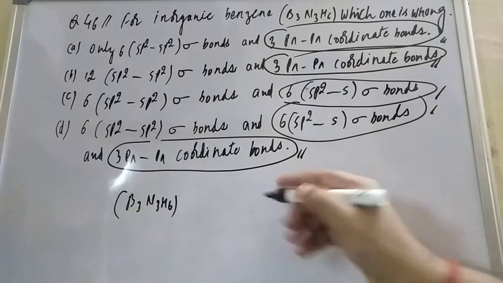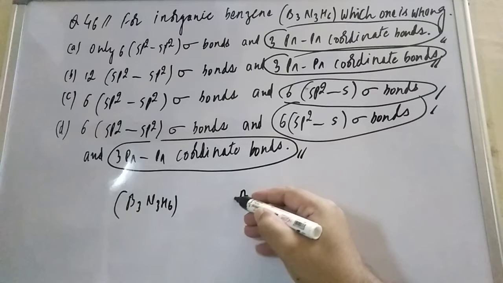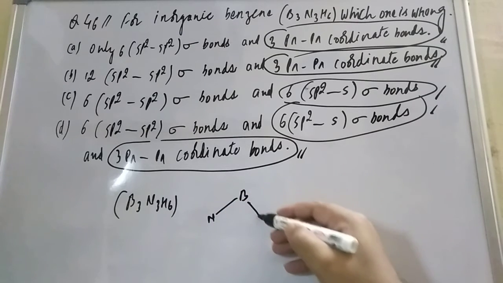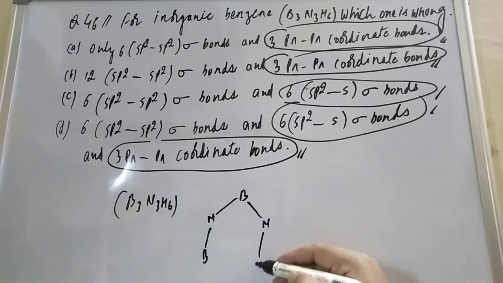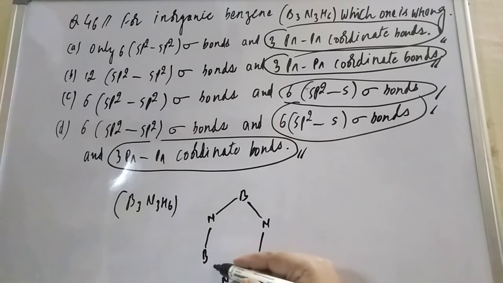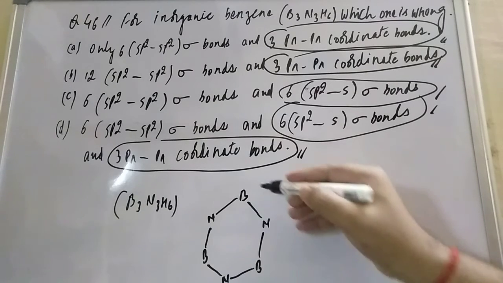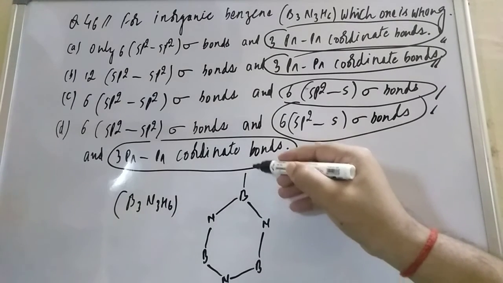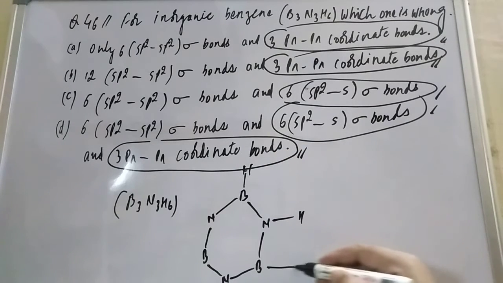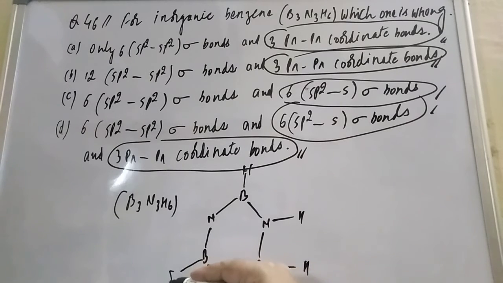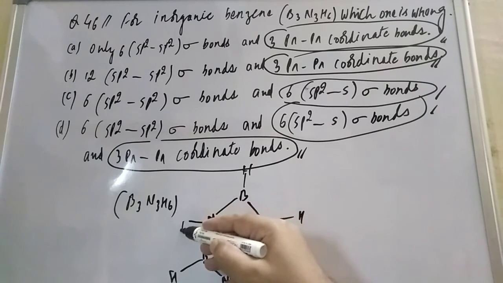So if boron is here, alternately nitrogen will come here, then again boron, and here boron will come, and finally nitrogen will come. Now 6 hydrogens are there, so with each atom we have to put 1 hydrogen atom. Here, downside, one more hydrogen will go, and hydrogen is there at all the places.